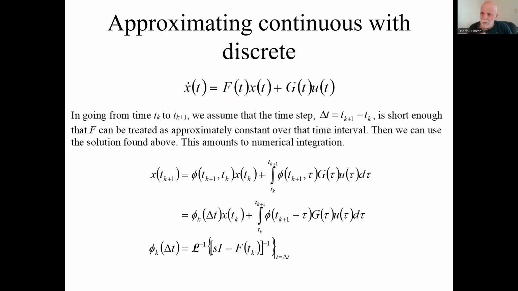Then we can use the solution we had for f being constant. Here's the way to get from a time t sub k to a time t sub k plus 1 in continuous time, if f is constant. And we had a way to get this phi using the Laplace transform, where this f is now whatever f was at time t sub k.